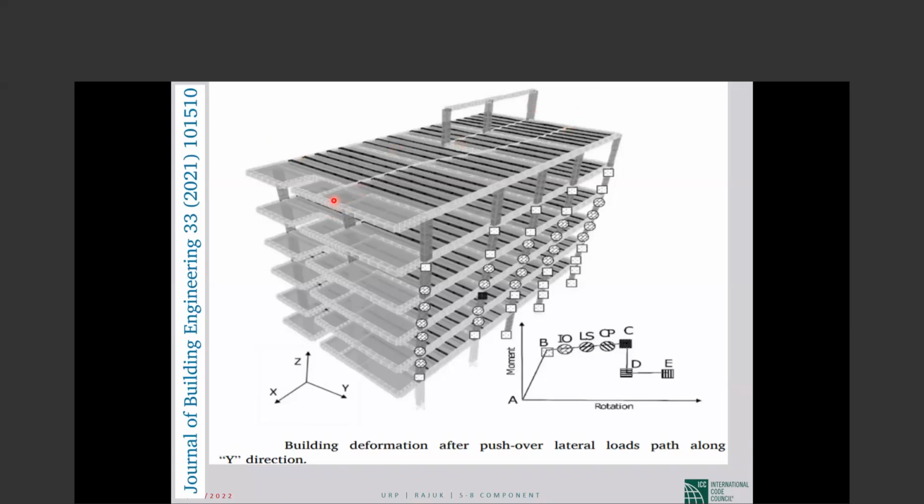Then we ask the software to apply the lateral load distribution, the pattern. For example, 1, 1, 1, 1, 1, 1, if the uniform load pattern should be applied, whatever our specific code or methodology was. Then the software will apply the loads and look at the deformation control elements and force control elements.